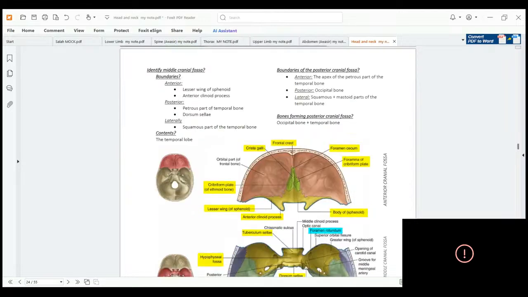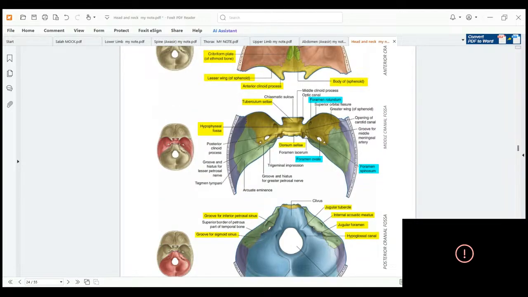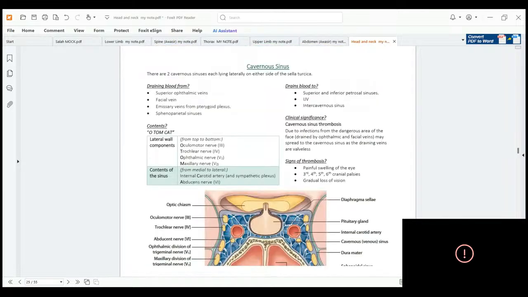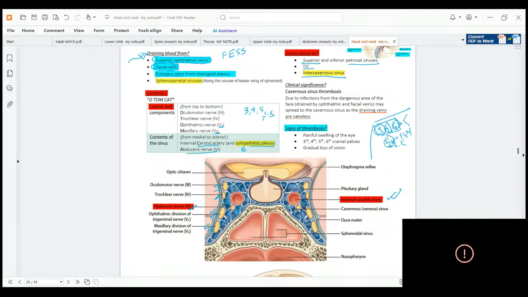Cavernous sinus. We have seen the optic chiasma, and in the lateral wall we have the oculomotor, trochlear, then V1 ophthalmic and V2 maxillary. In the inner wall we have the abducens and internal carotid.